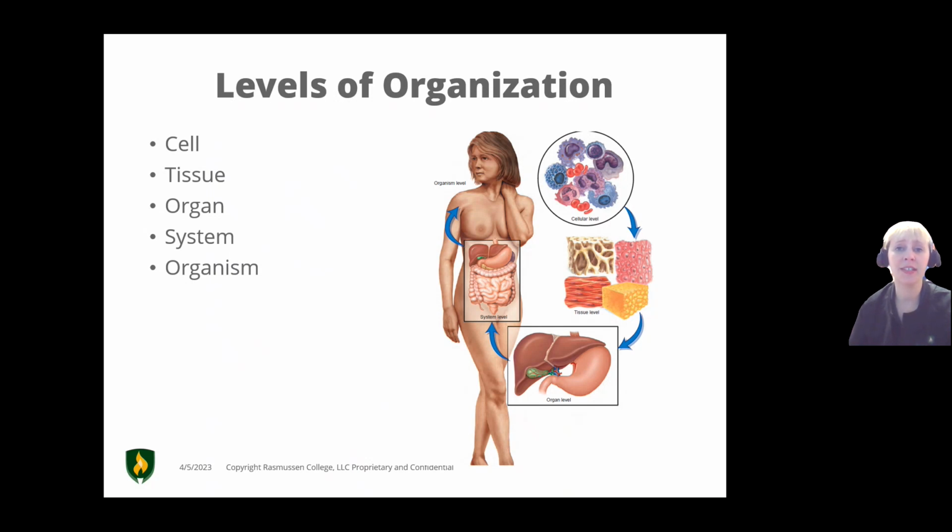So for example, you have things like your cardiovascular system, your gastrointestinal system, your respiratory or pulmonology system, your integumentary system, your musculoskeletal systems. And when you get a group of systems working together, they create the highest level of organization, an organism. And an organism is a complete living entity capable of independent existence.